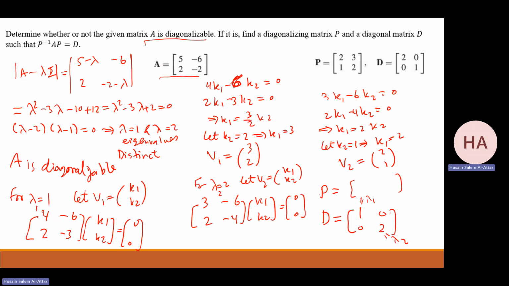It will be V1, which is 3, 2, and V2, 2, 1. Put the same thing: lambda 1 with V1, lambda 2 with V2. That's it. Yeah, it's the other way here, the solution is the other way. It's okay. But I need the 2 with the first one, the same thing, 2 is with 2, with the second one.